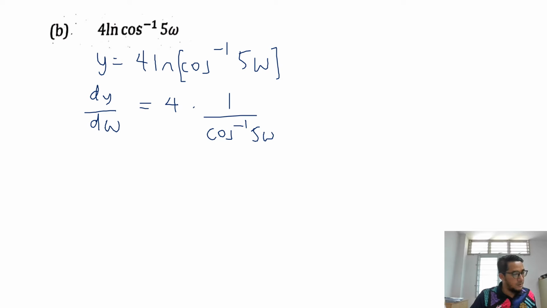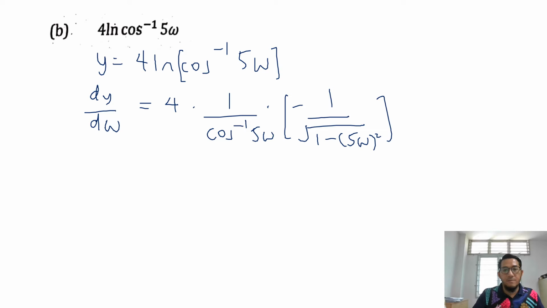So the formula is negative 1 over square root of 1 minus 5w squared. And then finally we differentiate 5w, that is you get 5.